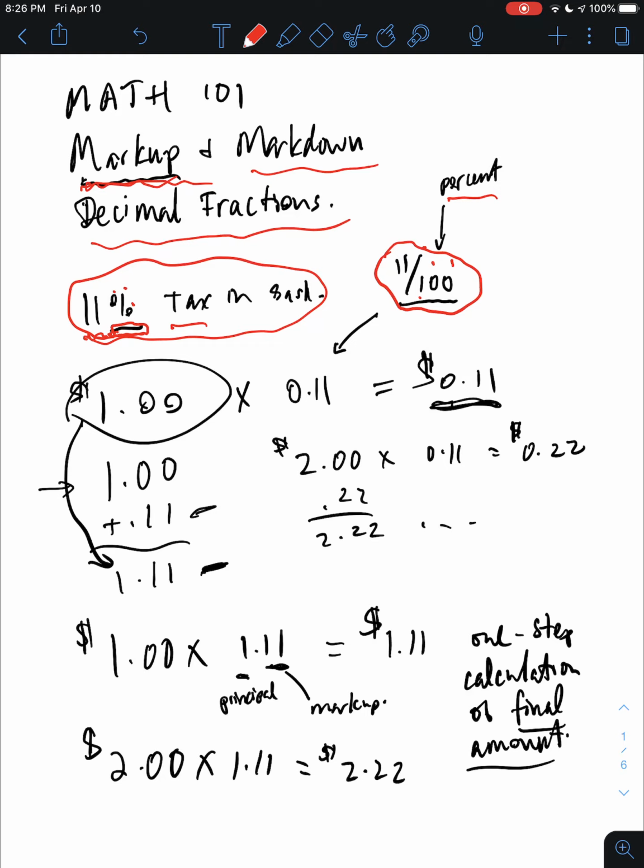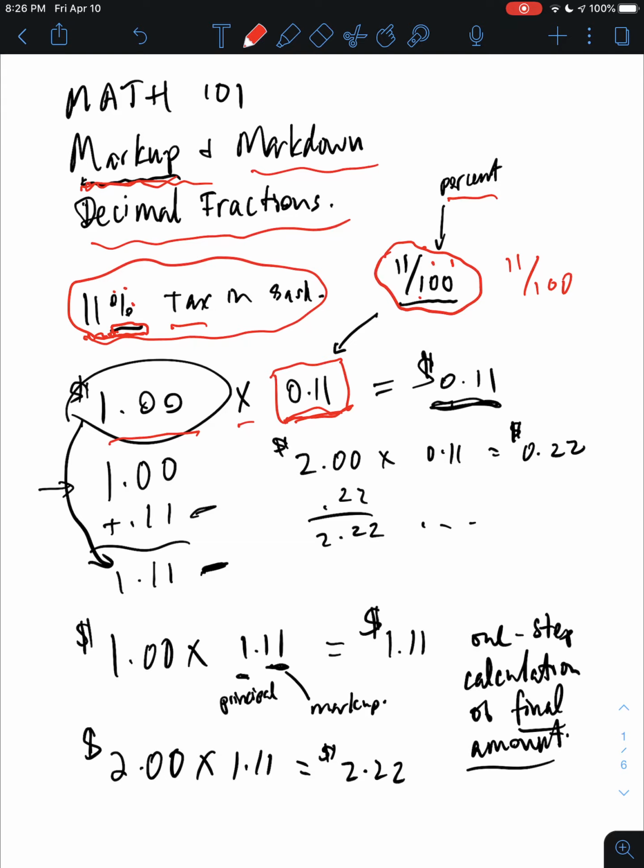All right, so here is how we calculate 11% tax on a $1 purchase. So we have a $1 purchase, and we multiply by 11%. So here I've taken my 11 over 100, and I've converted it into a decimal fraction, and it looks like 0.11 as a decimal.